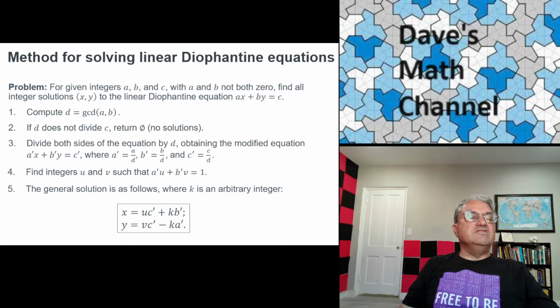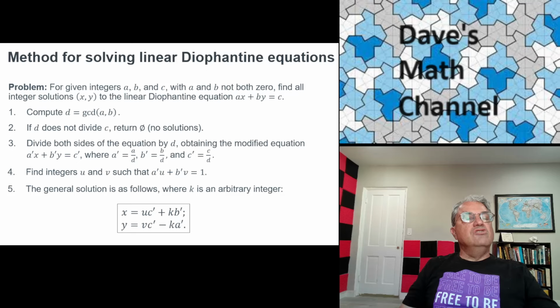So it has the same solutions as the original equation. It's just simplified. Because now a prime and b prime are what are called coprime, or sometimes people say relatively prime. That means that their GCD is 1. They don't share a non-trivial common divisor.